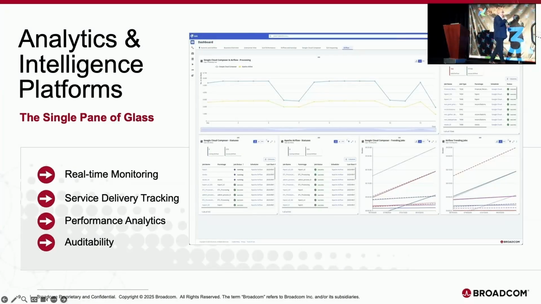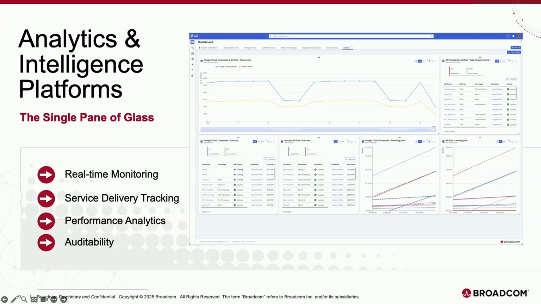So let me introduce analytics and intelligence platforms. We at Broadcom have our own platform. It's called Automation, Analytics and Intelligence, or AAI, and I have some screenshots here of that product.